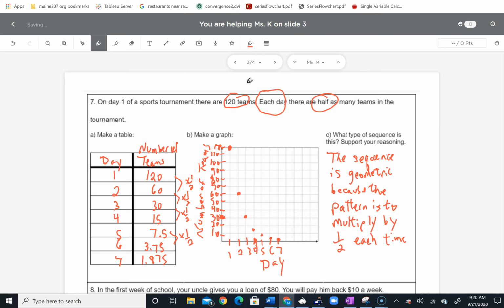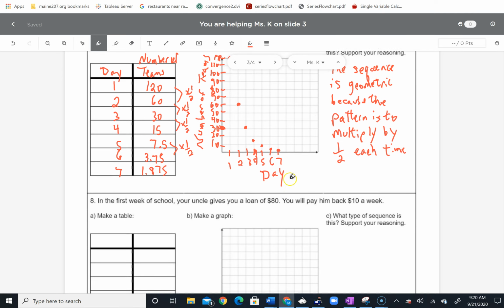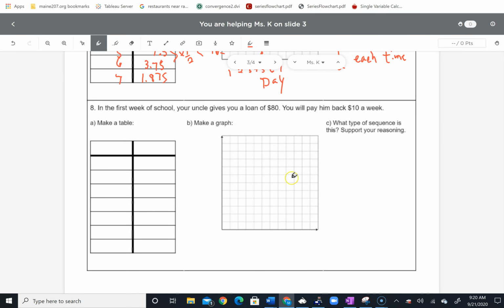All right. So as we move on to number 8, very different type of problem, it appears, as we've got a loan. In the first week of school, your uncle gives you a loan. You will pay him back $10 a week. You could even say it's going to be each week. So we can say, here's your week, and a loan is how much you owe.